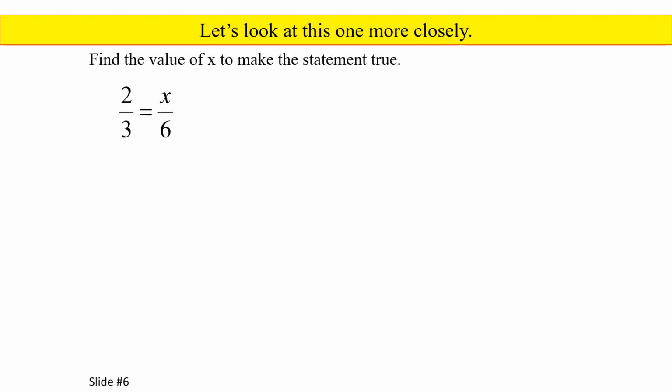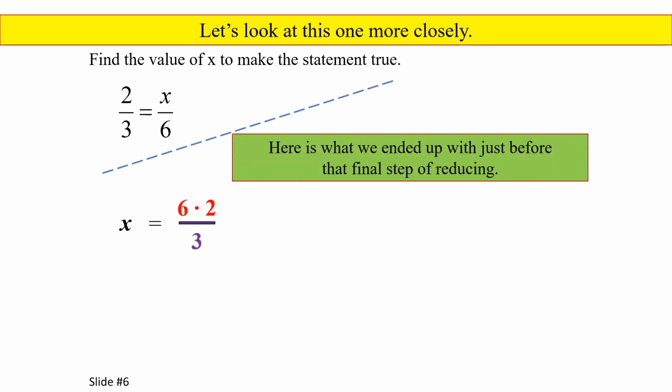Let's look at this one more closely. Here's what we ended up with just before that final step of reducing: x equals 6 times 2 over 3.